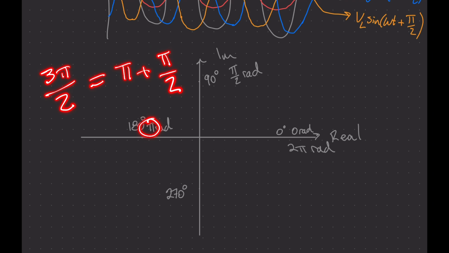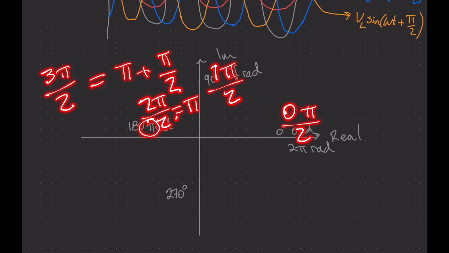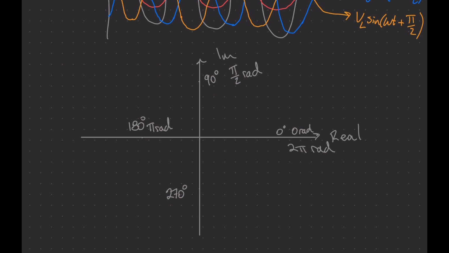Yeah, I think that looks good, because this is 0 pi over 2. This is 1 pi over 2. This is 2 pi over 2, which is the same as pi. So this would be 3 pi over 2. And this would be 4 pi over 2, which is the same as 2 pi. Okay, that makes sense. So I made a slight mistake there. This is 3 pi over 2 radians.